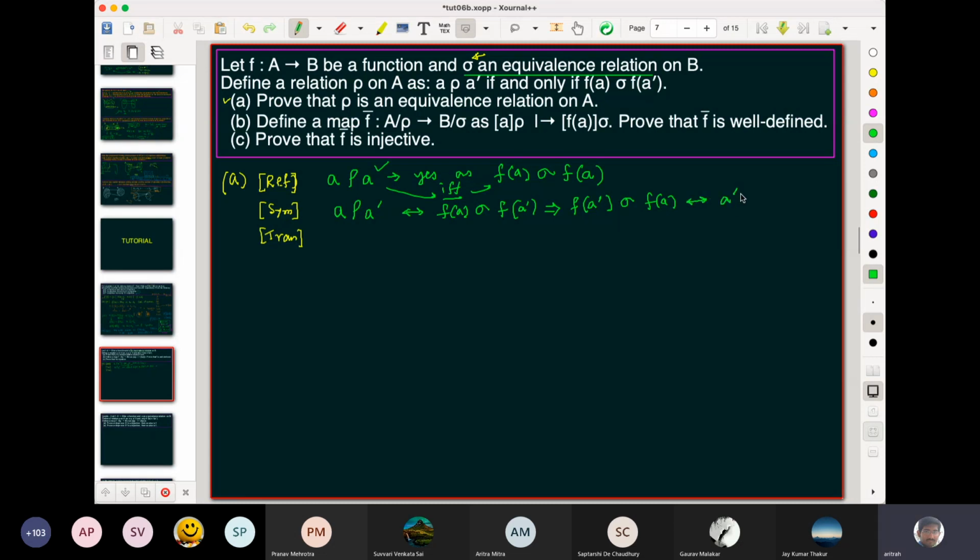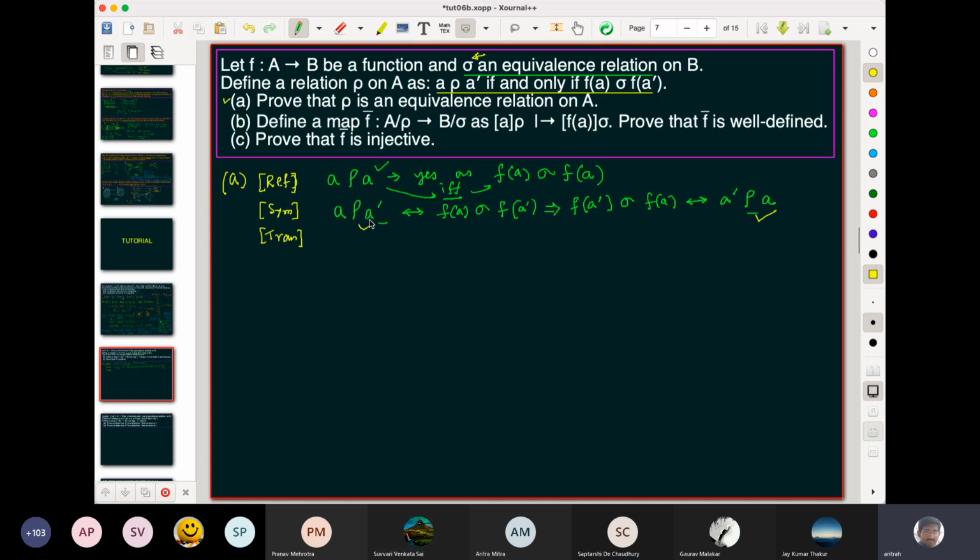This means if and only if this. So starting from here, I can say this. Agreed? Yes, sir. Can you repeat this? See, look at this one. Let me highlight this. This green part is very important for us, and this yellow part is very important for us. So A rho A dash. From here I have to go implying this. Then only I can prove that rho is symmetric.